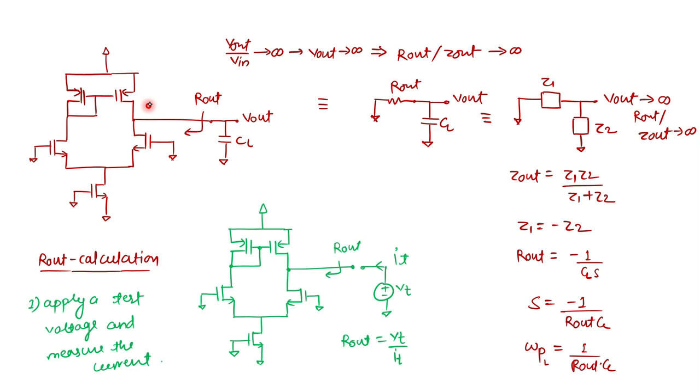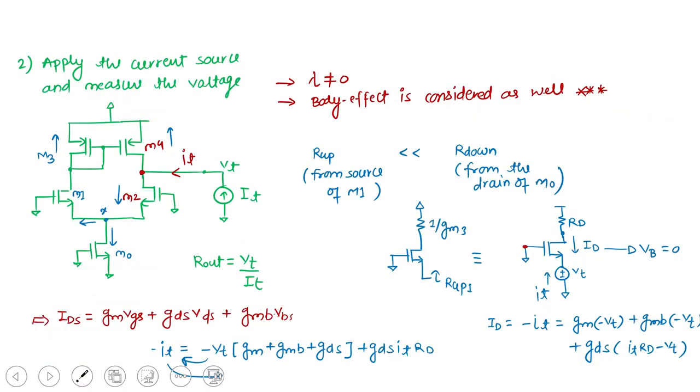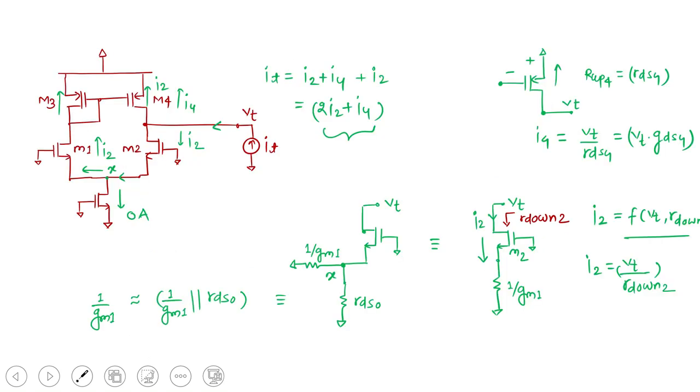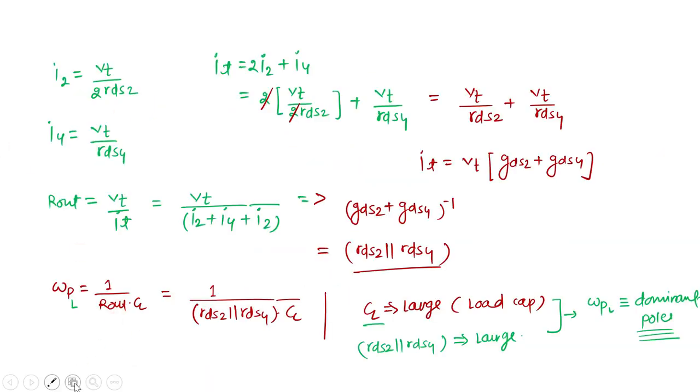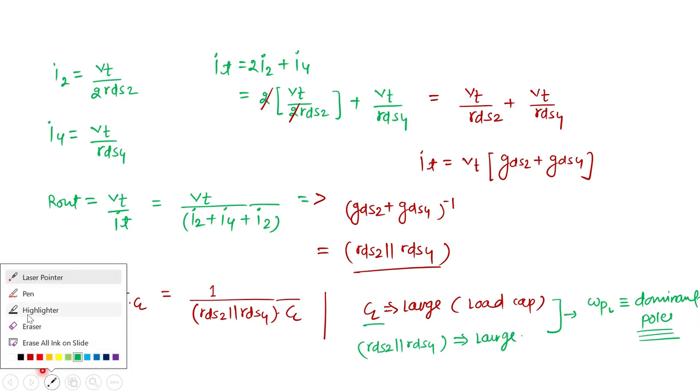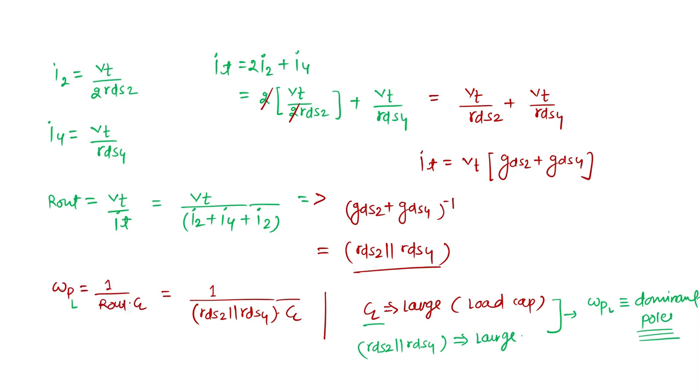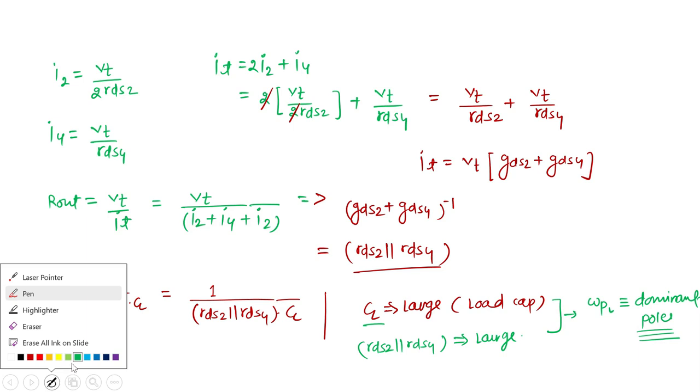Let me clear one thing. We directly say that it should be the parallel impedance of these two transistors, but ideally this particular statement is exactly correct only for this structure.